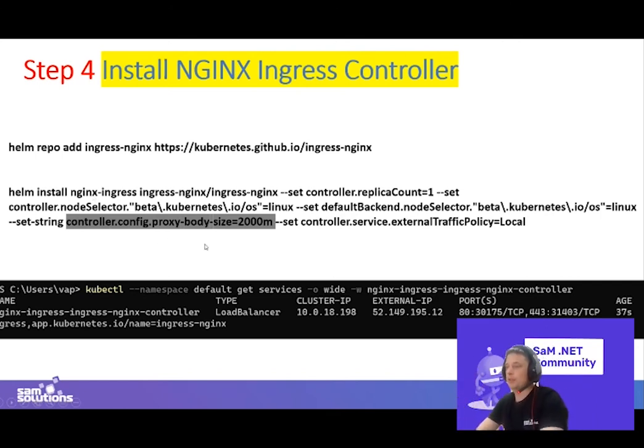Only one thing that Sitecore also mentioned: there is a proxy body size parameter that by default is a couple of megabytes. What does it mean? It means that this Ingress will reject an HTTP request sent through the API between containers in the cluster if it is too large.